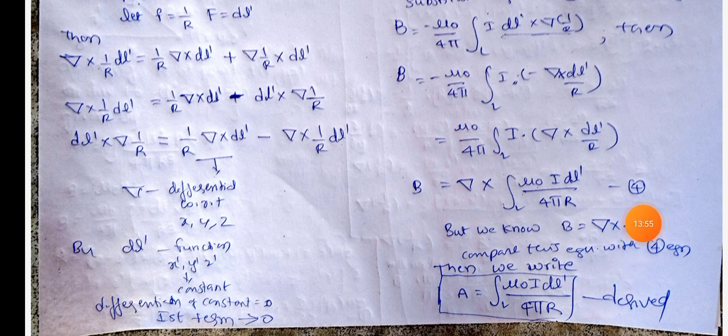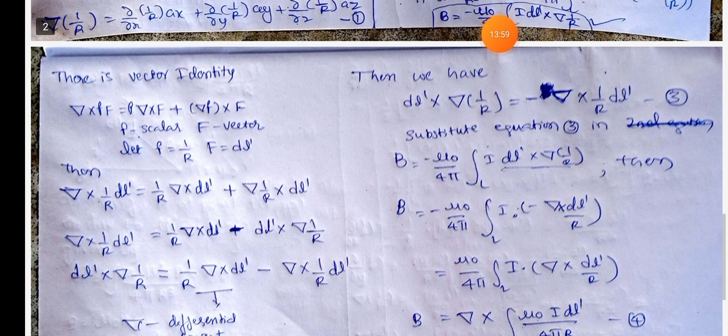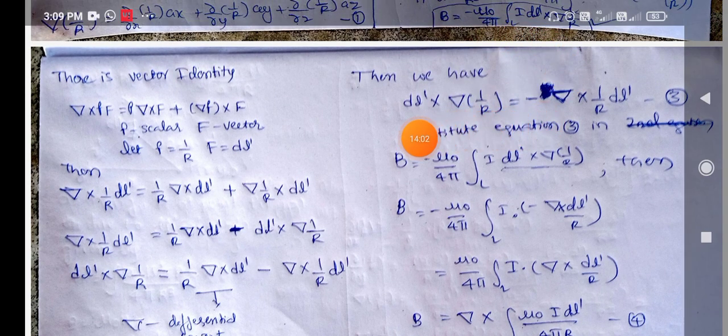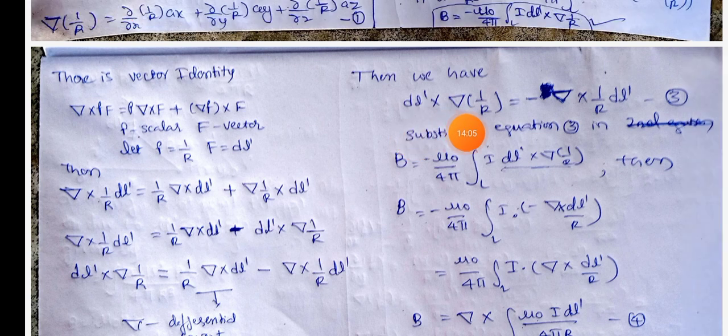So in the vector identity, after simplification, we got dl dash cross del of 1 by r equal to minus gradient cross (1 by r dl dash). This term is substituted here.